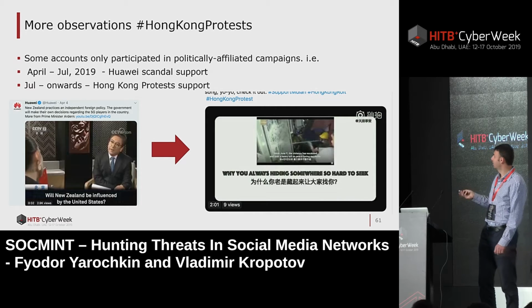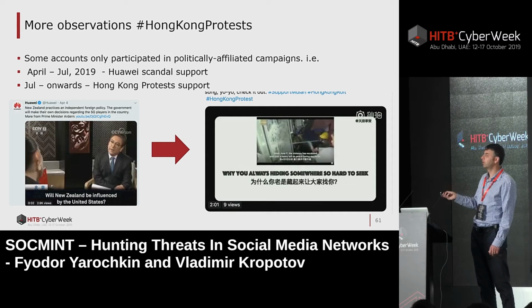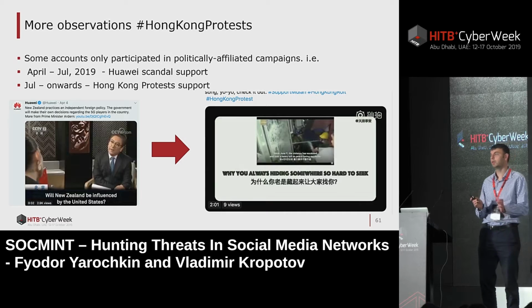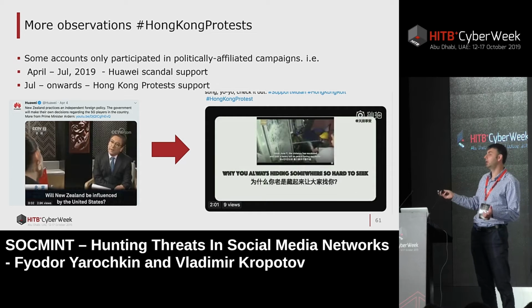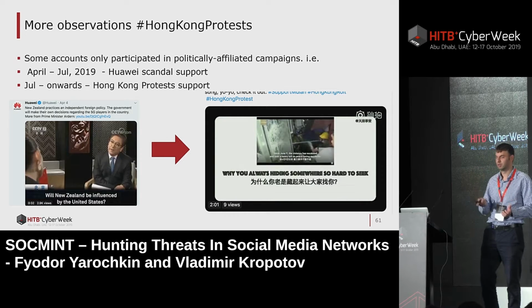And then the same account promoted information about the Hong Kong protests. So we have an account which was 6 years without any posts, promoting one campaign when it was hot, and another campaign when it's now hot.